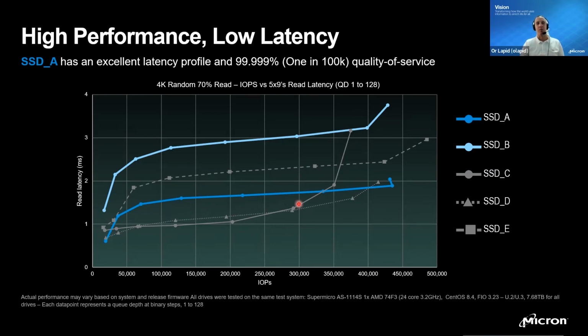However, when we increase the IOPS, we see that SSD A increased the IOPS on this QoS number and even exceeded SSD-D and reached higher IOPS at the same QoS ballpark.